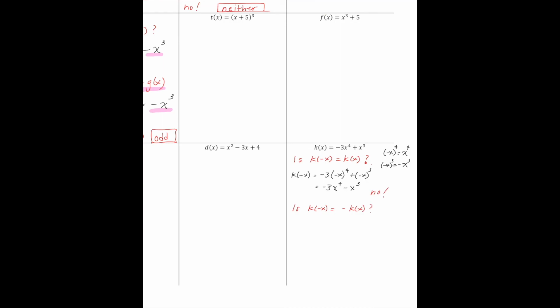So again, hopefully now you're getting into the rhythm of this. Now it's negative k of x that we have to find, which again is basically multiplying the entire k of x right here by negative, so negative of negative 3x to the fourth plus x cubed. So if we distribute the negative, this is going to give you positive 3x to the fourth minus x to the power of 3.